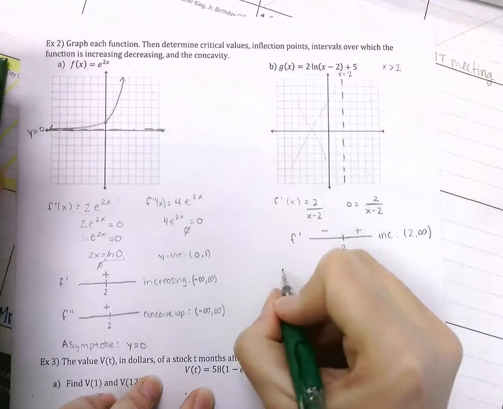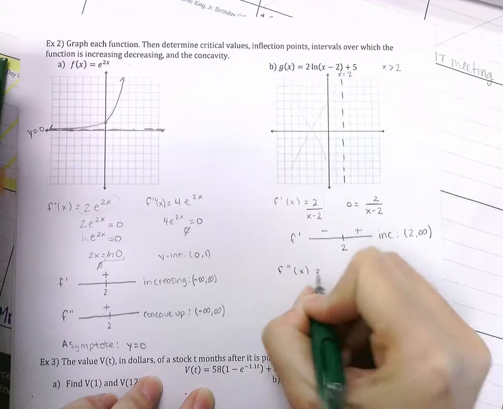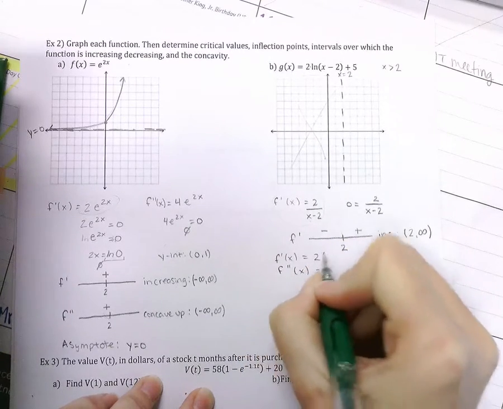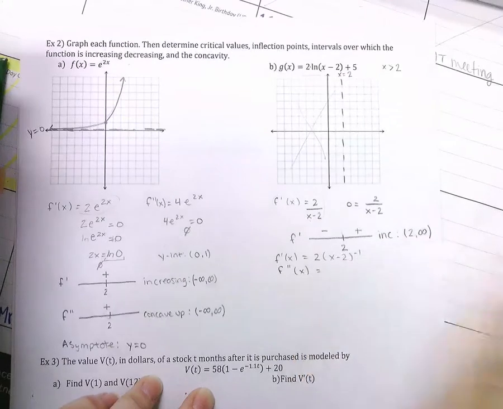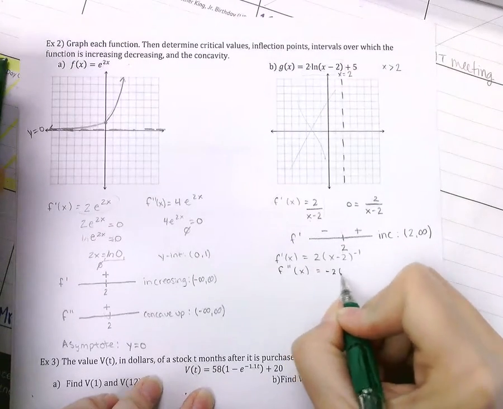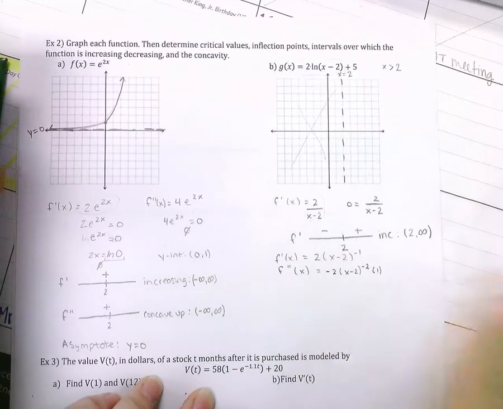Let's look at second derivative. In order to find the second derivative, I'd probably rewrite the first derivative as 2 times x minus 2 to the negative 1 power and use chain rule. So that would be negative 2 times x minus 2 to the negative 2 times the derivative of the inside, which is 1.